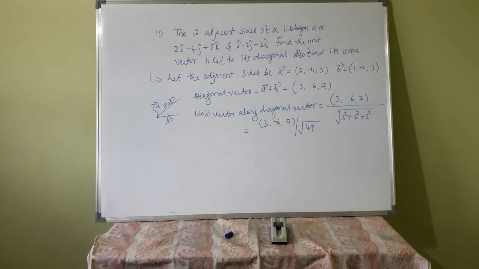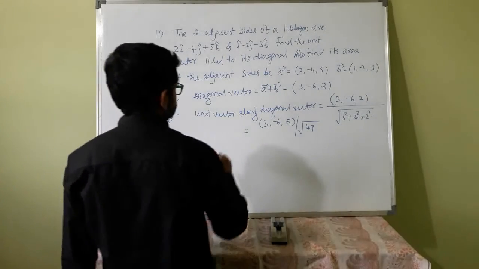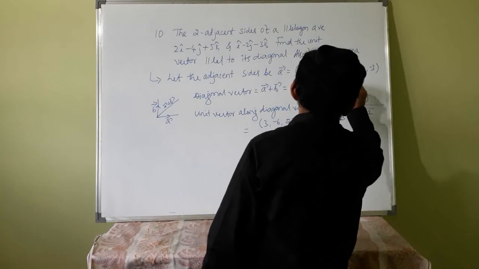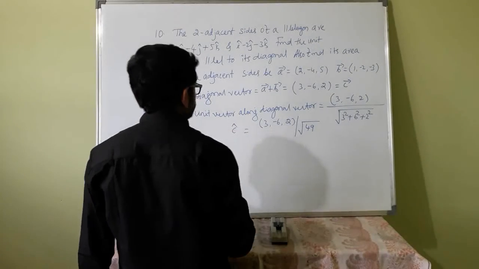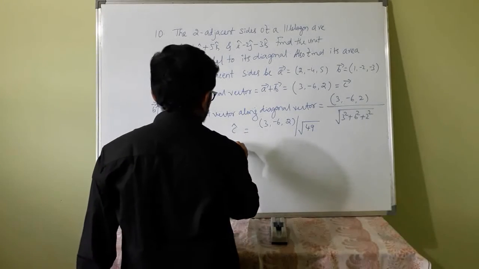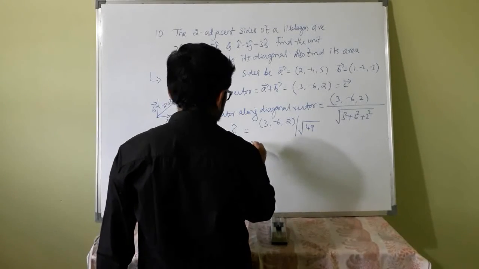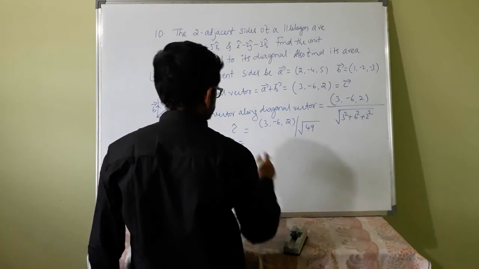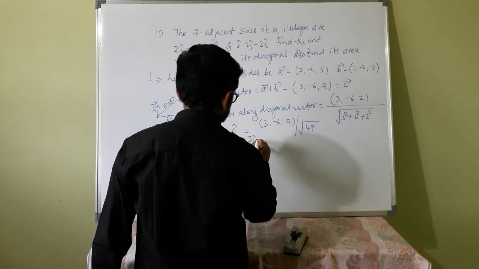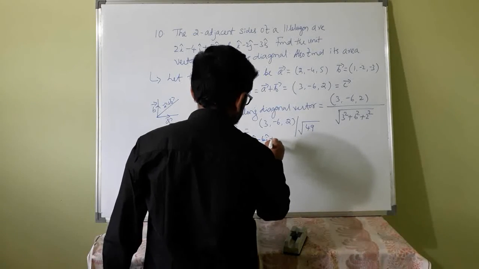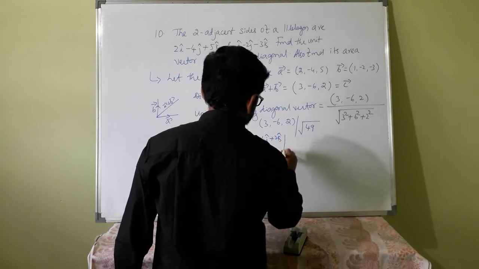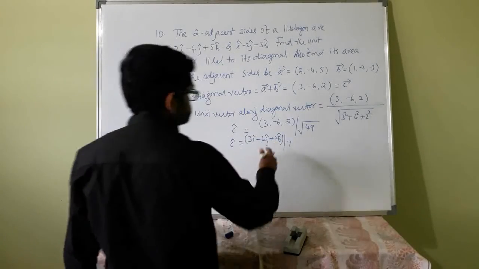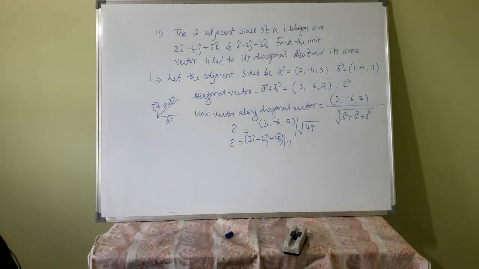Unit vector, if you call this C, C cap is equal to 1 by 7 of 3, minus 6 and 2. Okay, right. Better you write the answer in this form only. Again you have to put the bracket because 7 is common to all the components.